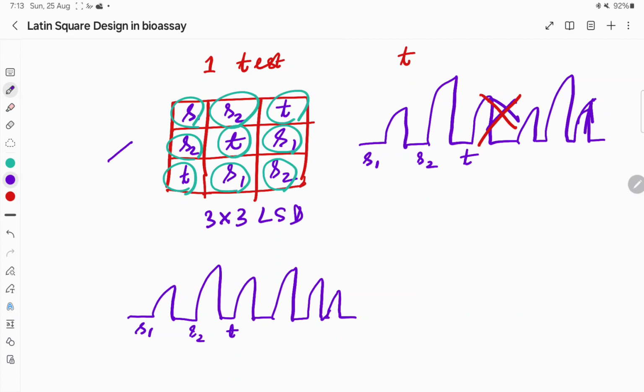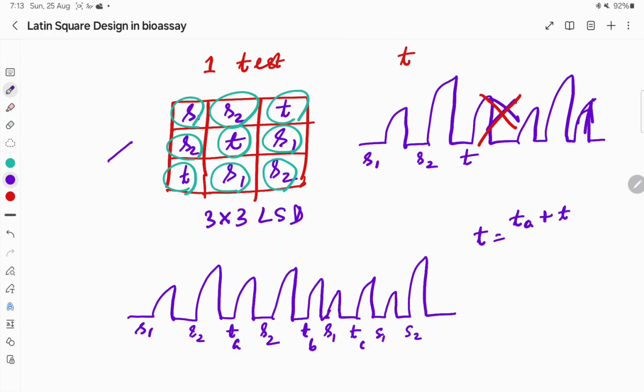Then we will start with T: T, S1, S2. Now we will have 3 values of S1, 3 values of S2, and 3 values of T. And we can take the averages, say TA, TB, and TC, so T is the average of TA plus TB plus TC by 3. In this way we can take the average, and this will improve the accuracy of the experiments.